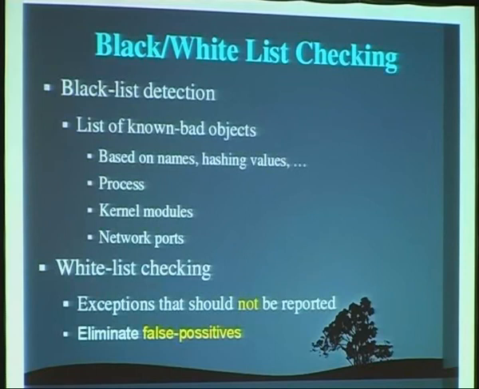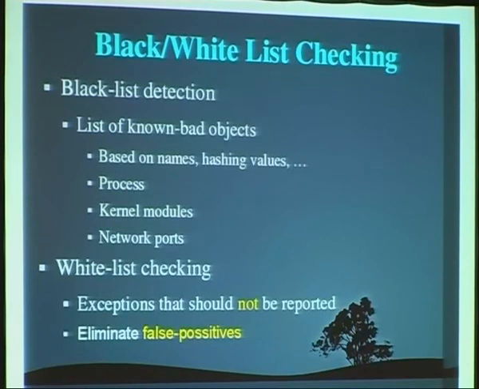The third detection method we employ in eKimono is blacklist and whitelist checking. The blacklist detection is very simple. You know for sure that if you see something inside your system, that's a rootkit, that's malware. For example, some well-known malware installs well-known kernel modules inside the system.